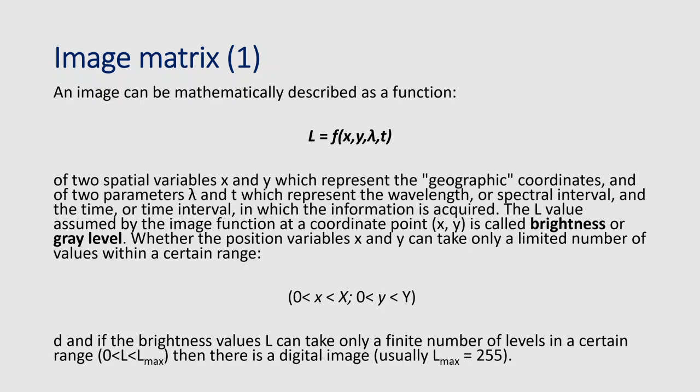When we are facing a digital image, this L max, in this case, is equal to 255. That stands for a radiometric resolution of 8 bits. But of course, the L max is the same value that represents the radiometric resolution of that image.